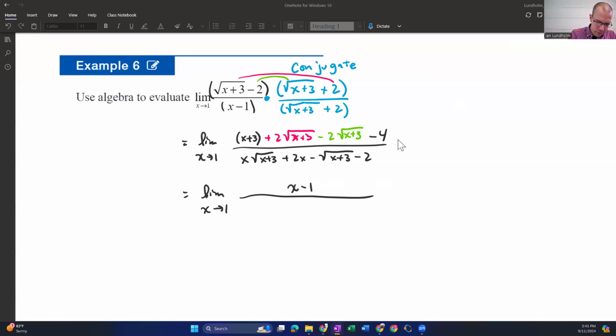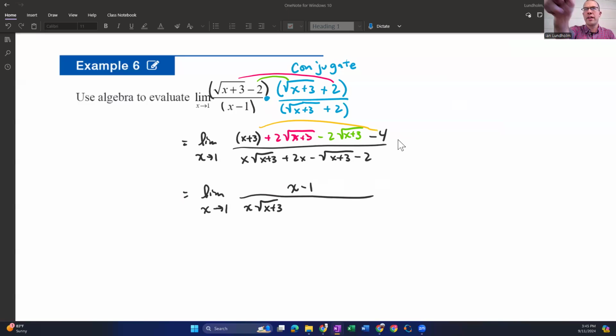Combining these two. And then on bottom, it looks like we do have a lot of like terms to collect. All right, we're going to do this in 2 steps so that it's clear. There's the first term.